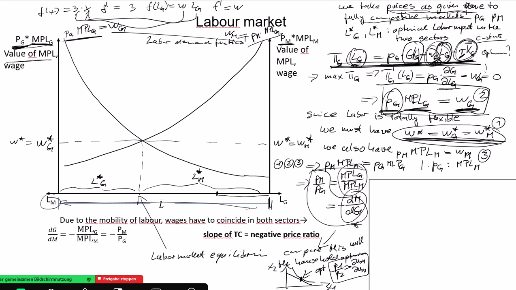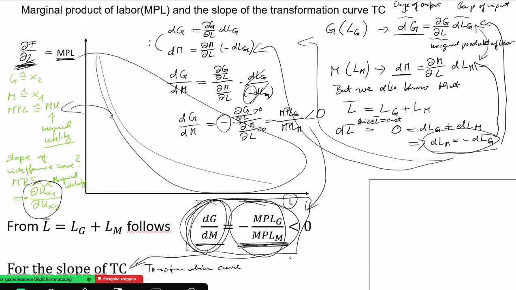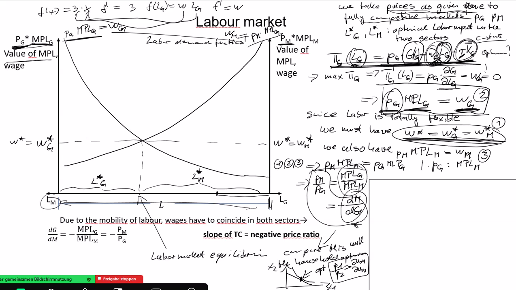But then we can use our result from the former slide. Slope of transformation curve is the ratio of the marginal products, because labor is totally flexible.